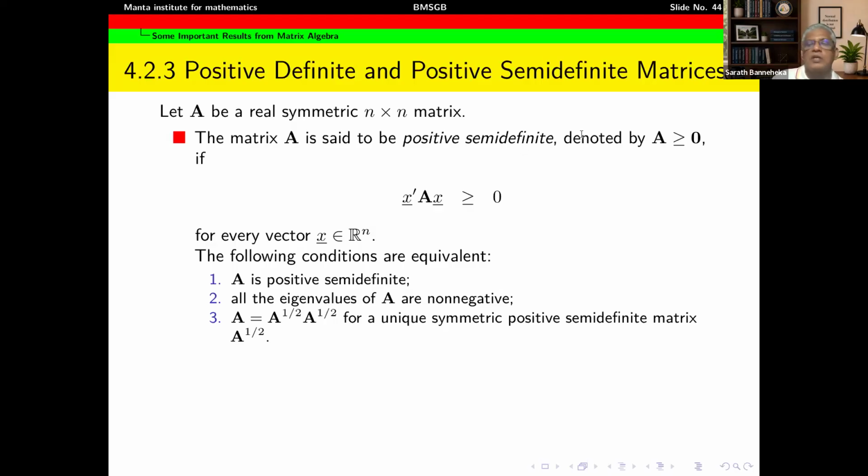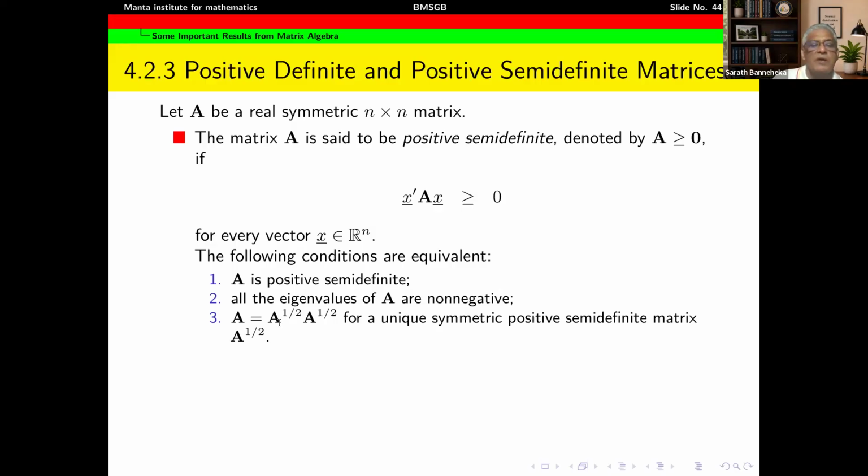If a real symmetric matrix is positive semi-definite, then the following properties exist. All the eigenvalues of A are non-negative in that case. It can be zero or positive. It cannot be negative. It's non-negative. And then there exists a square root matrix.